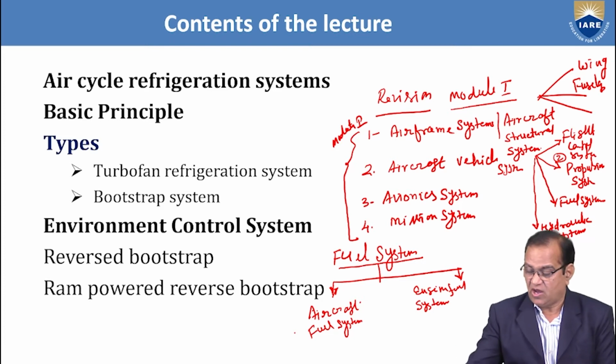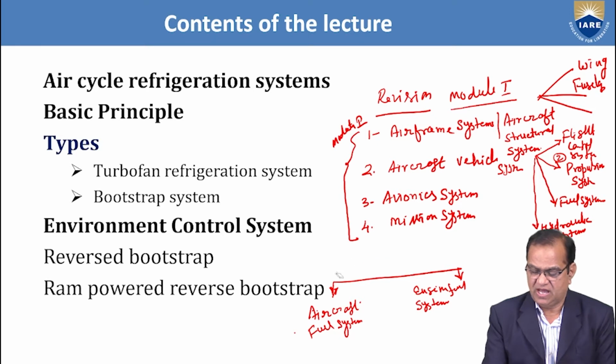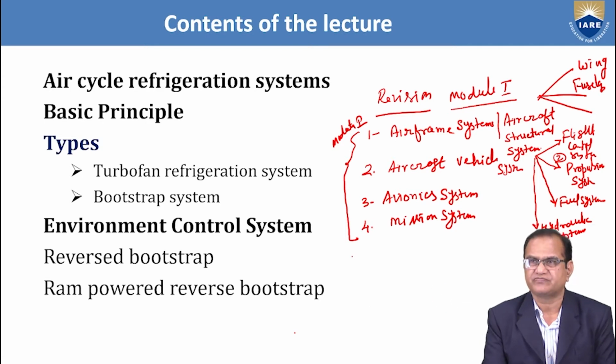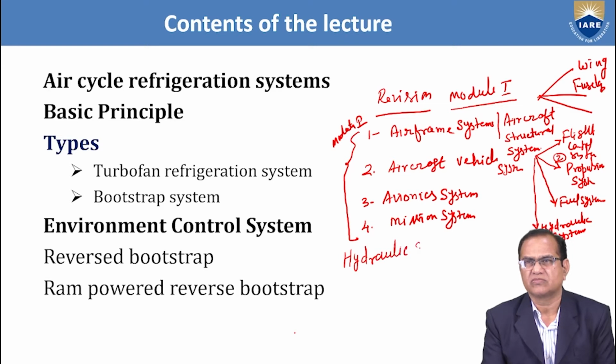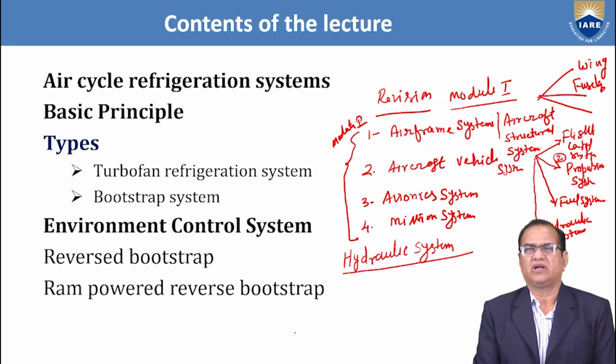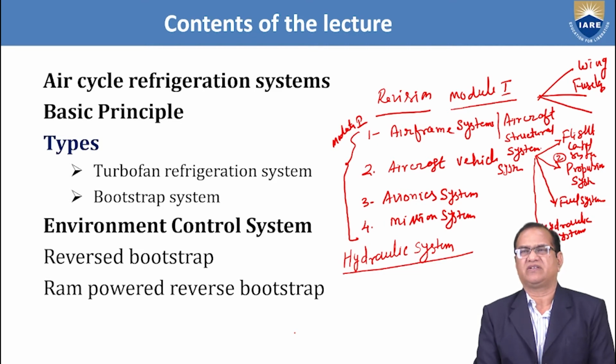So now I will go to the last of this aircraft vehicle system. The fuel system is over, now the hydraulic system. The hydraulic system is used to operate for different emergencies, different flight control systems, landing gears, opening of doors, and so many other components.